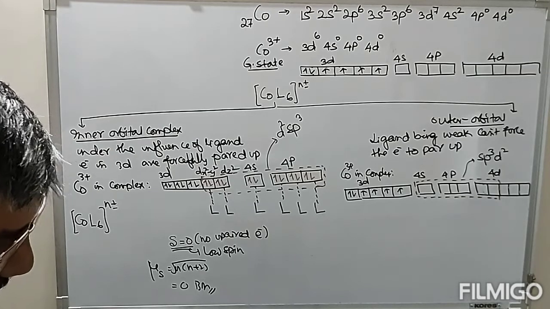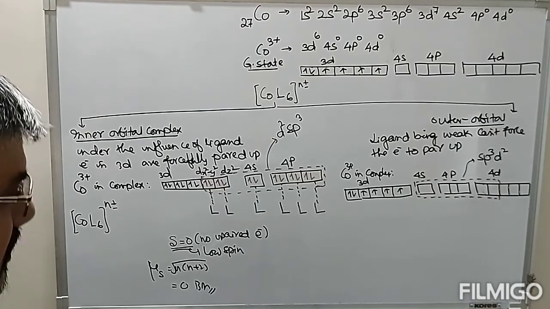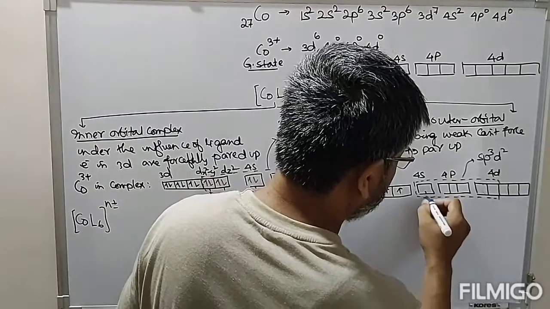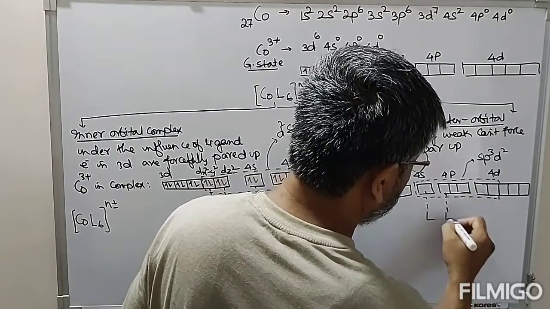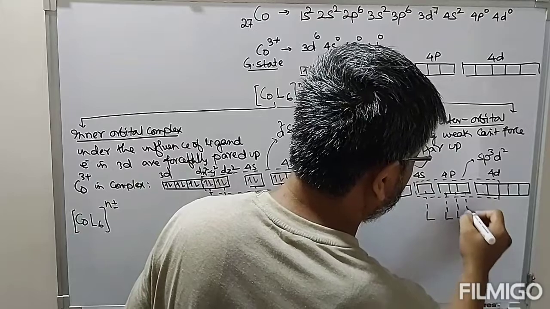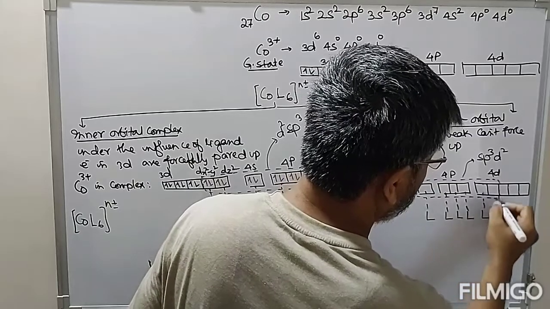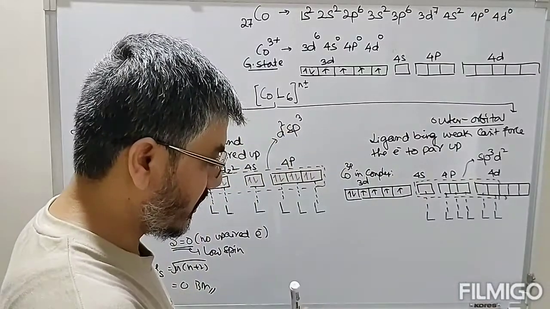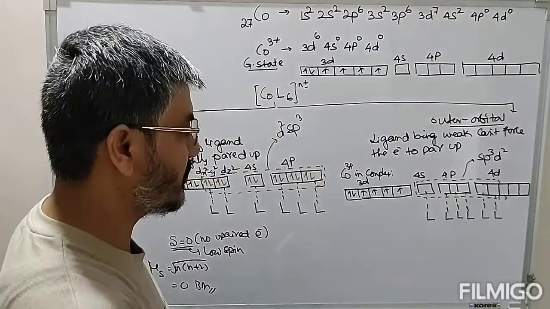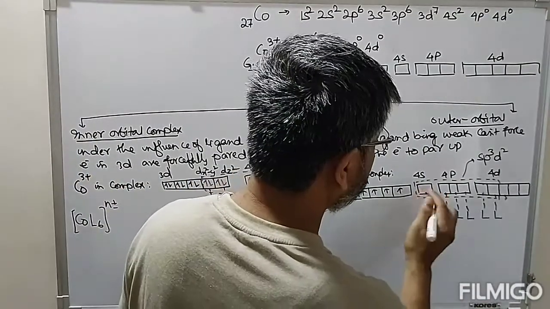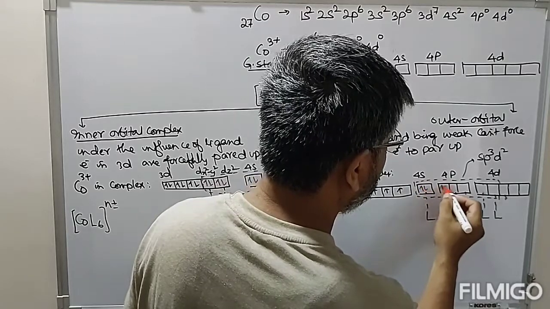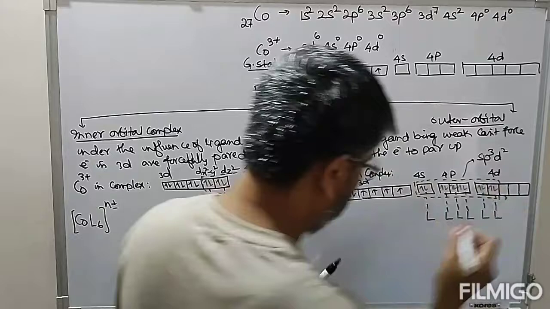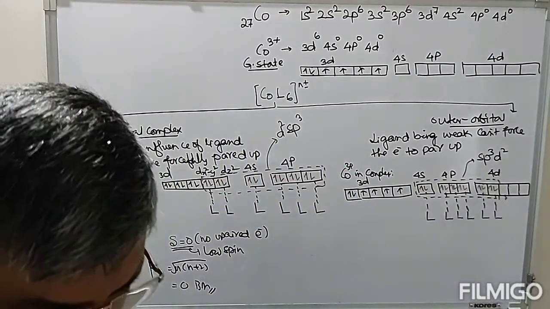So these 6 hybrid orbitals now form the complex with the ligand. So we have this ligand, and each ligand will be transferring a pair of electrons to the vacant hybrid orbital, resulting in the formation of the complex. So we have 2 electrons here. This is how the complex is formed.